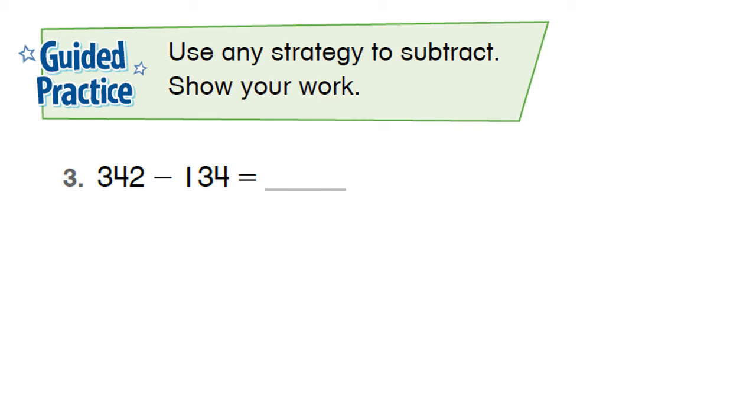This is problem number 3. It says 342 minus 134. Again, I am going to kind of count back. So I'm going to break 134 up into 100, 30, and 4.